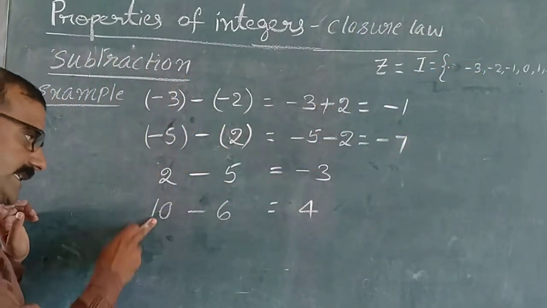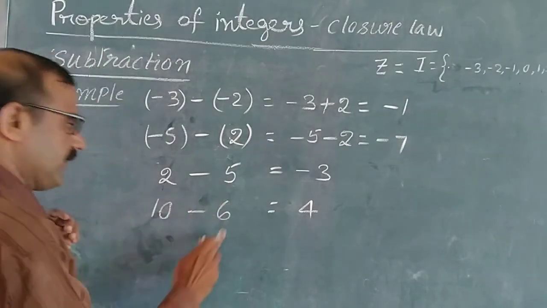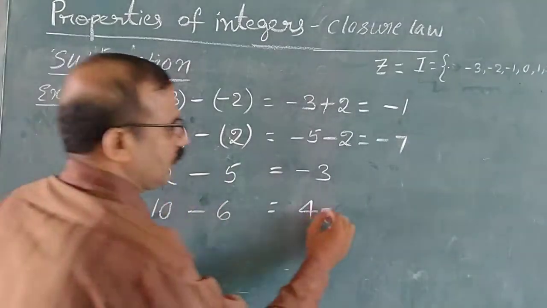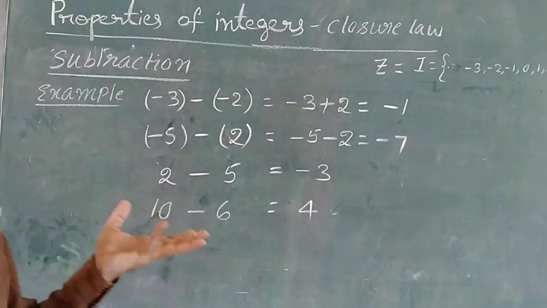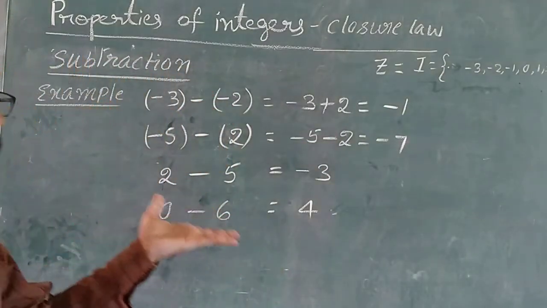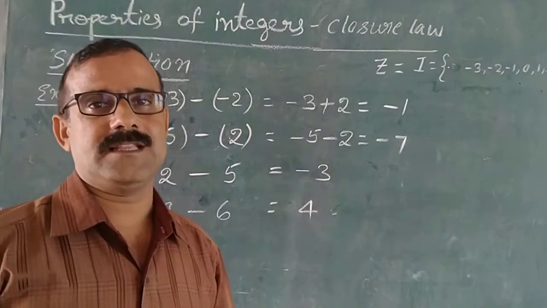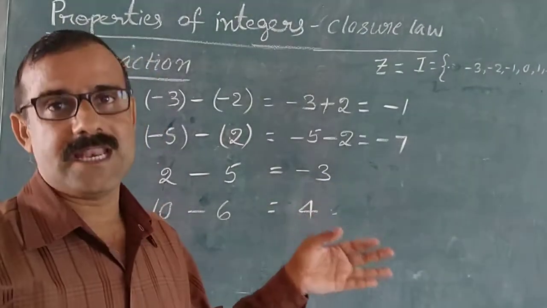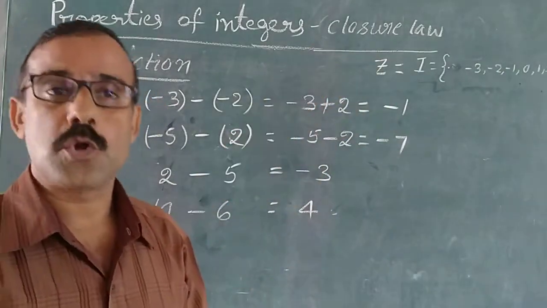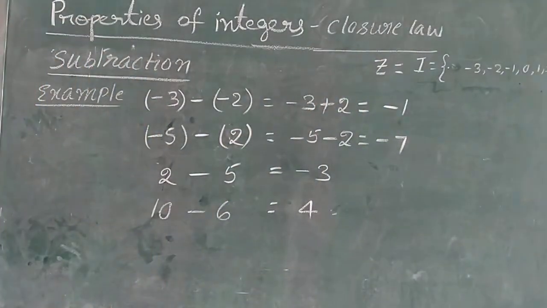Next, 10 is an integer, 6 is also an integer. When we subtract these two positive integers, you get 4. 4 is also an integer. So what do we learn from this? We calculate that the difference of any two integers is always an integer with respect to closure law.